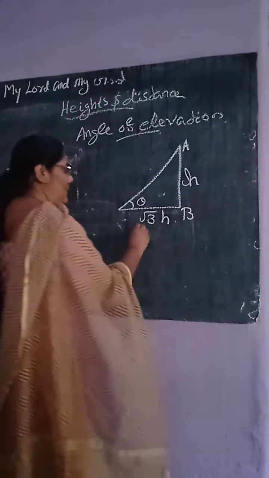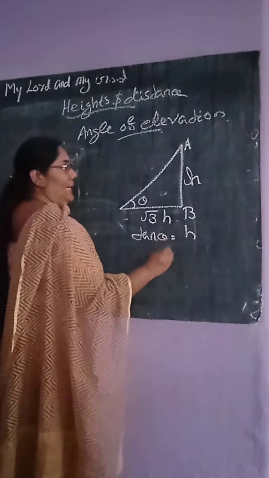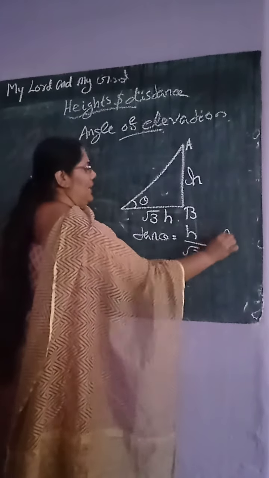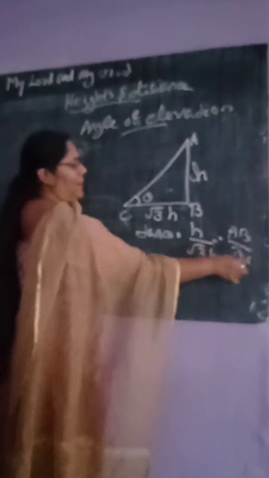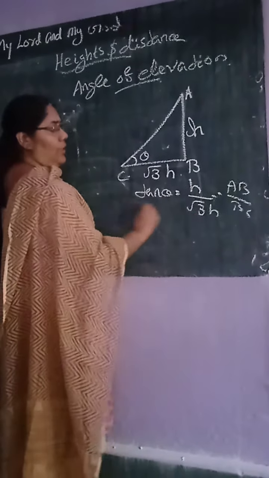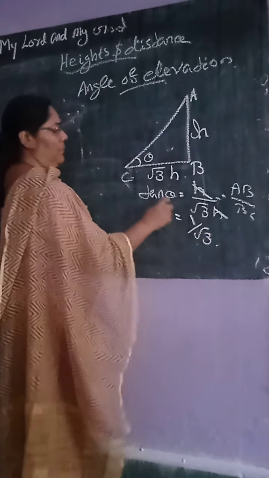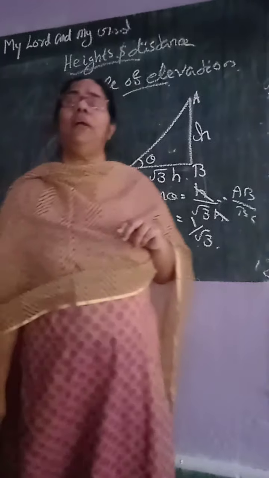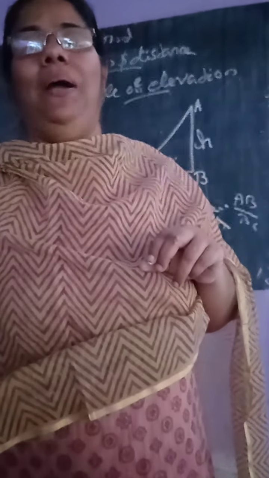Therefore, tan theta is equal to opposite side h by √3h, or you can write AB by BC, equal to h by √3h. H cancels, 1 by √3. Therefore, theta is equal to tan inverse. Which angle is 1 by √3? Tan 30 is 1 by √3.